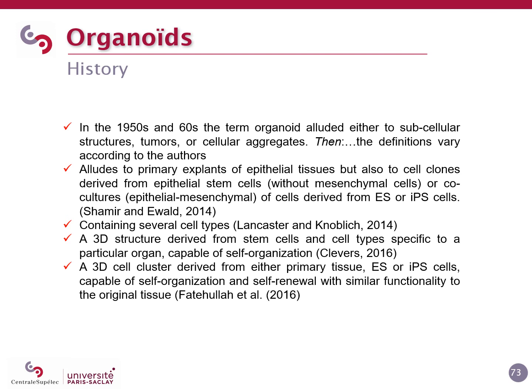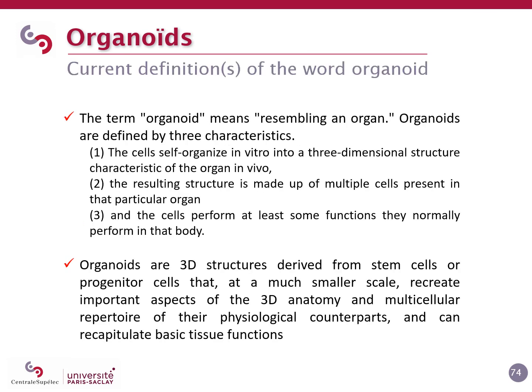More recently, the term organoid defined a 3D cell cluster derived from either primary tissue, embryonic stem cells, or iPS cells, capable of self-organization and self-renewal with similar functionality to the original tissue. Today, the term organoid means resembling an organ.